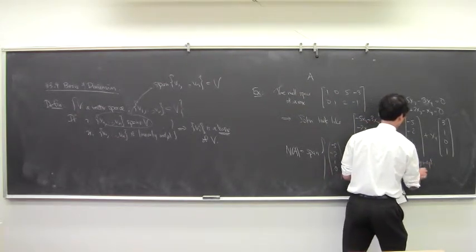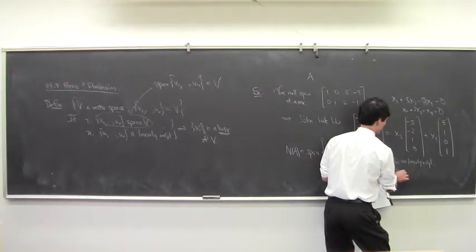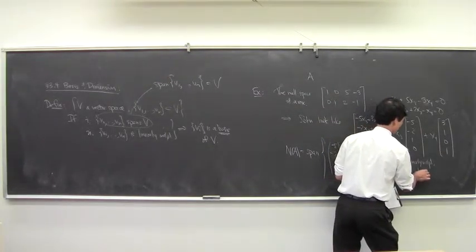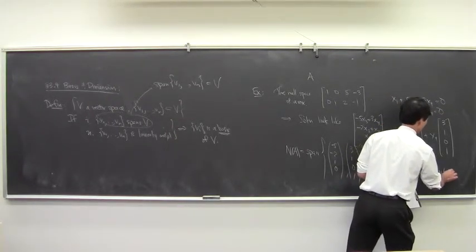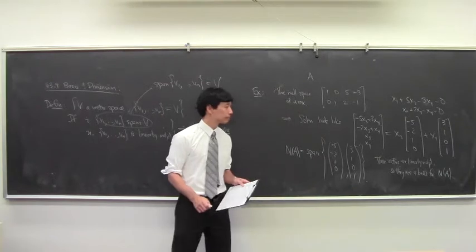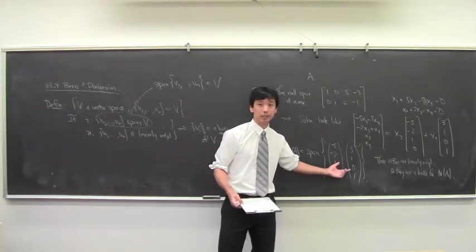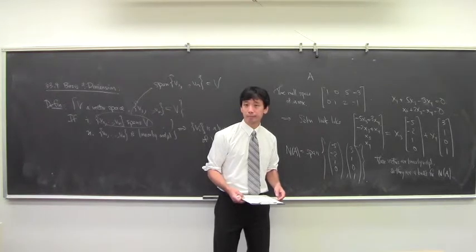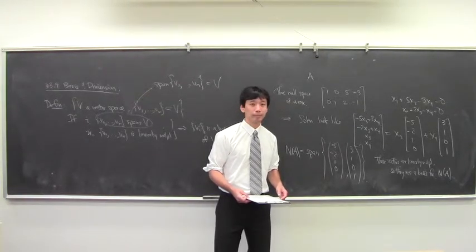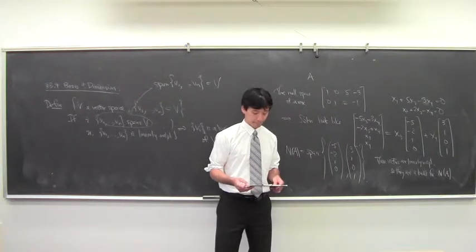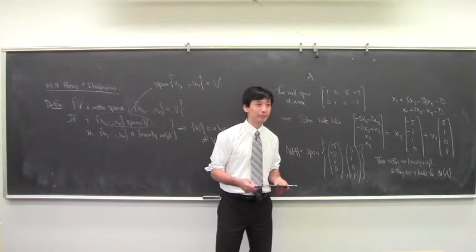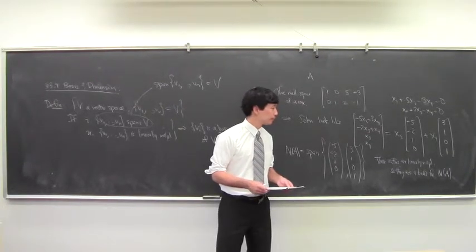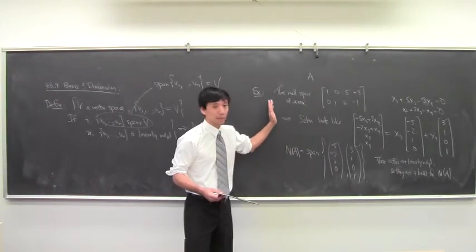So, in fact, they are a basis for the null space of A. Right? We can't throw any one of these guys out. So this is an example of a basis, right?